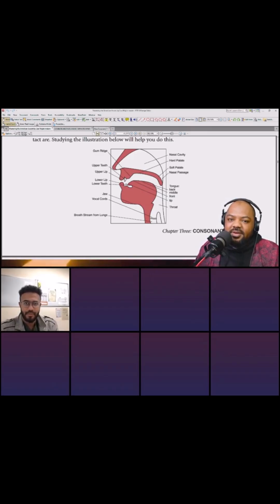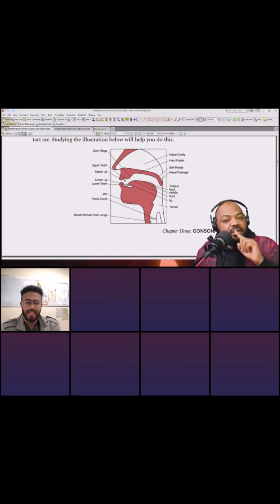So that's a very specific placement. That's why people who have missing teeth in the front can't pronounce certain letters easily. So tongue placement and how you breathe out all affect the strength and quality of your words.